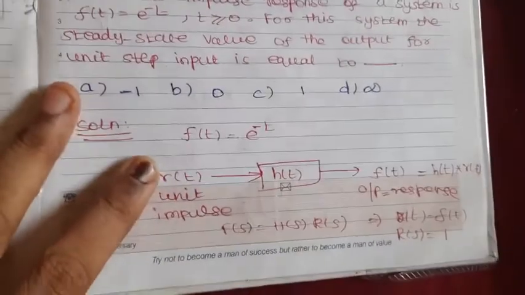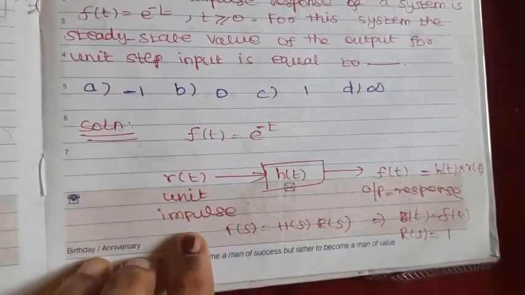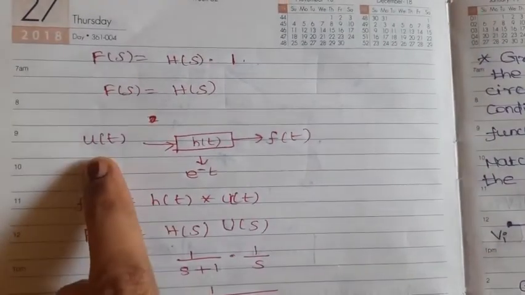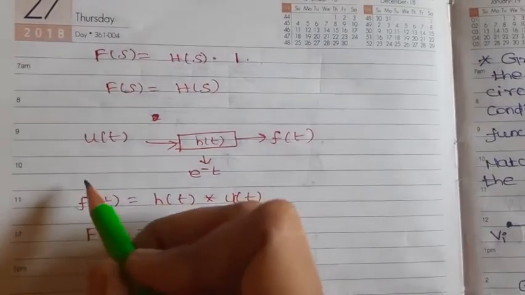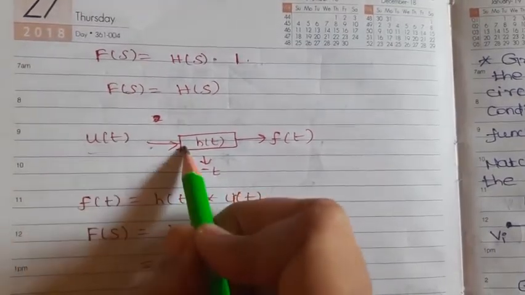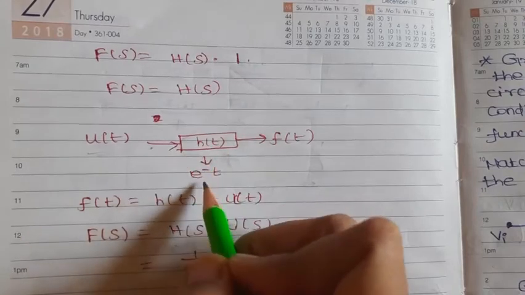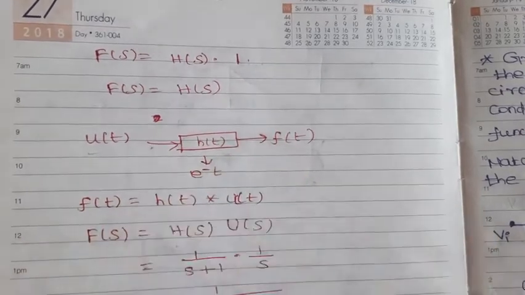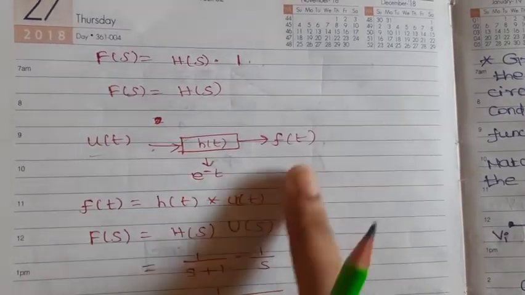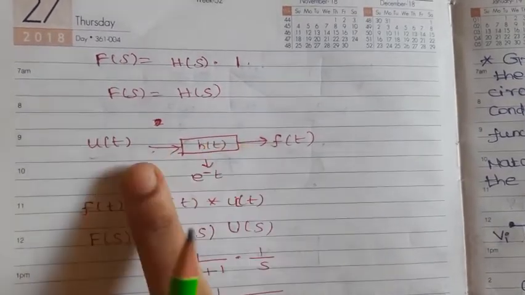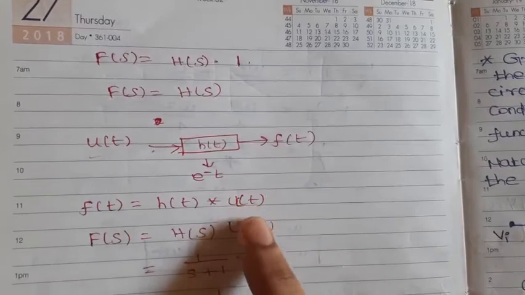So see, this is the unit impulse response. So u of t is the input, h of t is the unit impulse response, e power minus t. So the output f of t we need to find out. In the t domain, f of t is nothing but the convolution of these two, u of t convolution h of t.